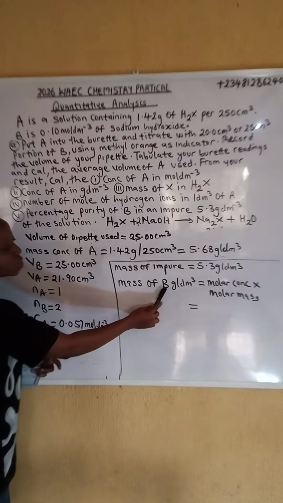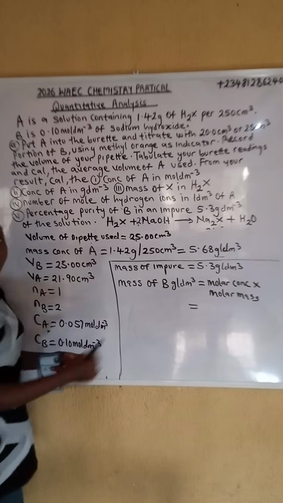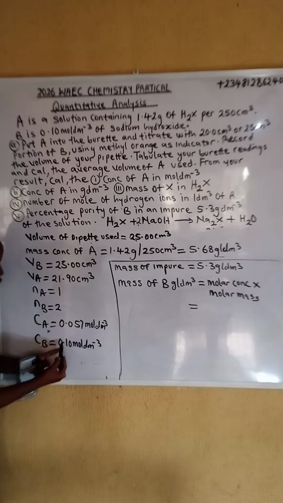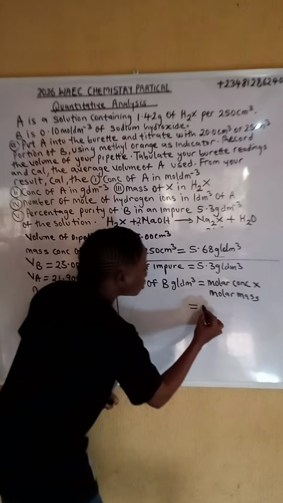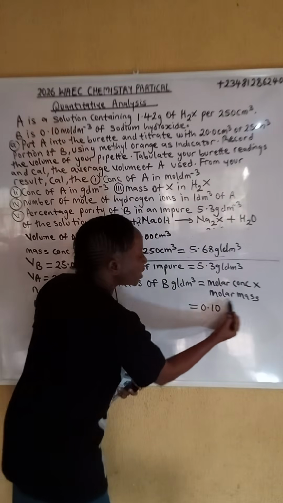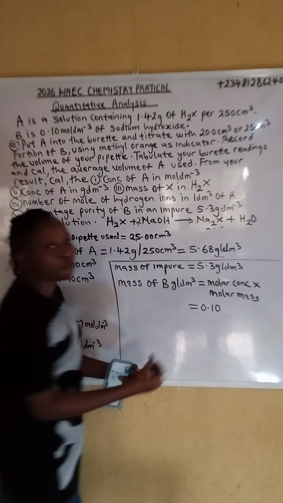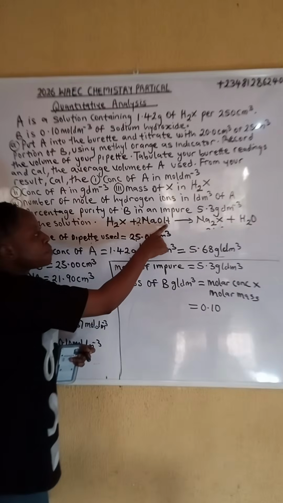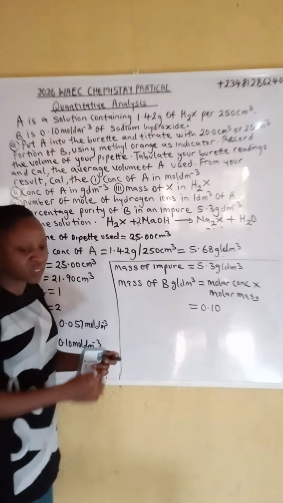The molar concentration of base is 0.10. We don't know the molar mass of base, but our base is sodium hydroxide.